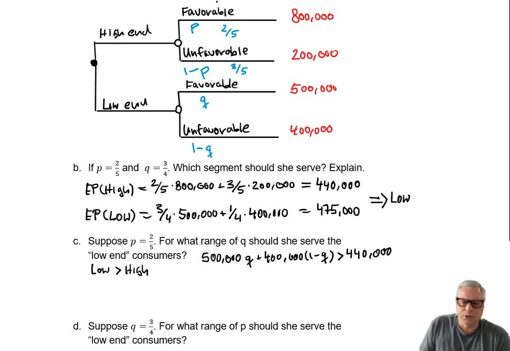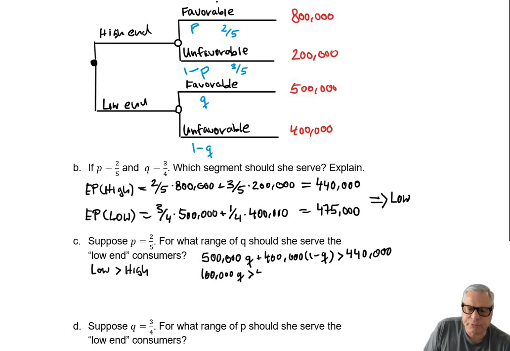Okay, so now we can collect terms a little bit. So this is 500,000 Q, and then we have minus 400,000 Q, so we are left with 100,000 Q. And then we have the 400,000, but I already subtracted it from the 440,000. So I subtract the 400,000 times 1 on both sides.